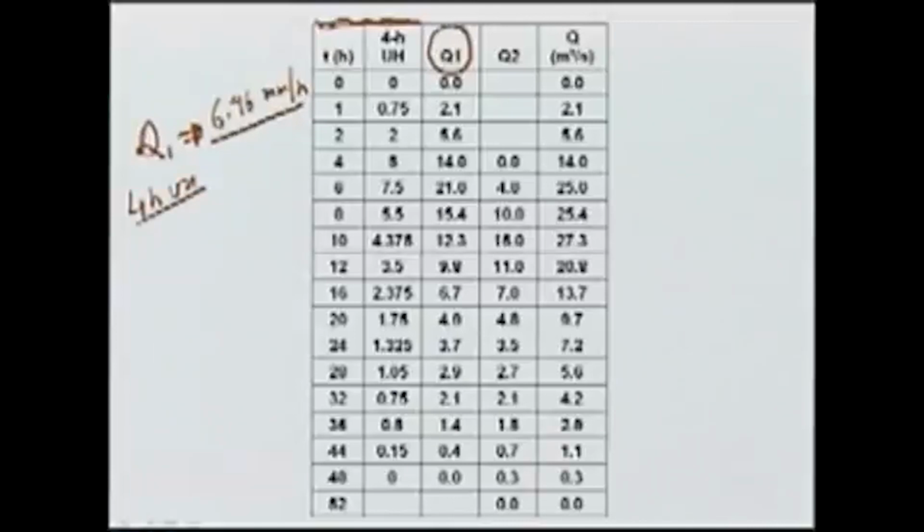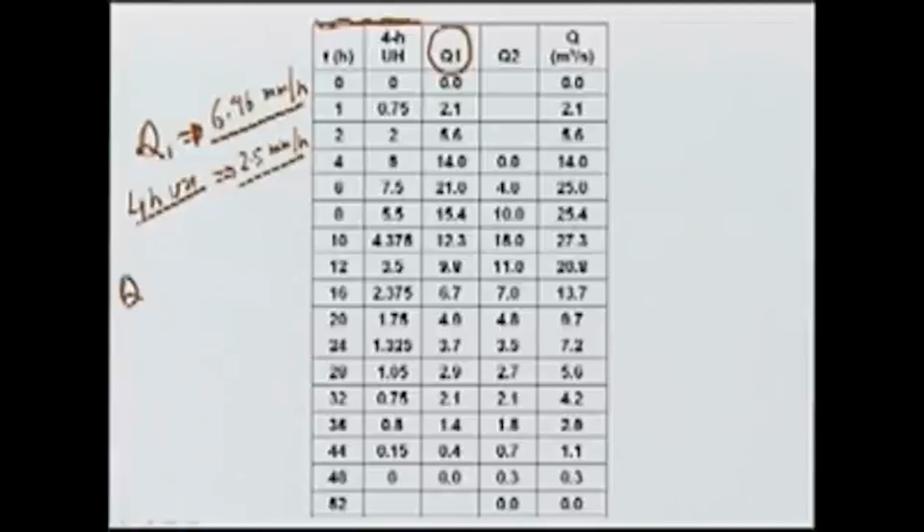The next column is Q1. Q1 corresponds to a rain of intensity 6.96 millimeter per hour, while the 4-hour unit hydrograph, we have already seen, corresponds to 2.5 millimeter per hour.